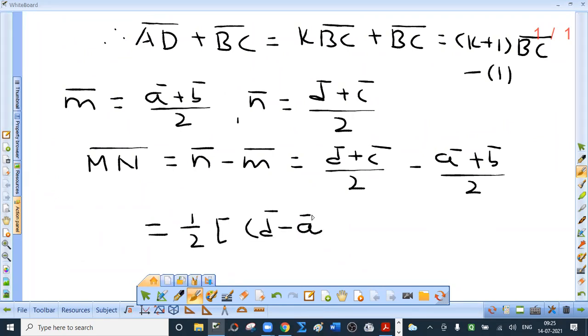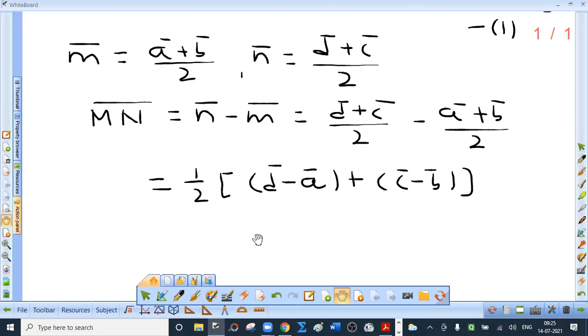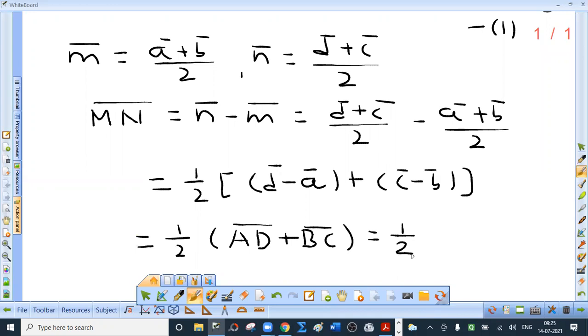D bar will go with A bar, and C bar with B bar. So this is half AD bar plus BC bar.